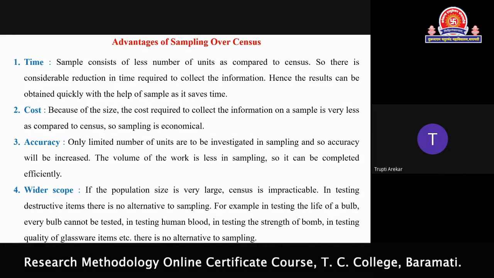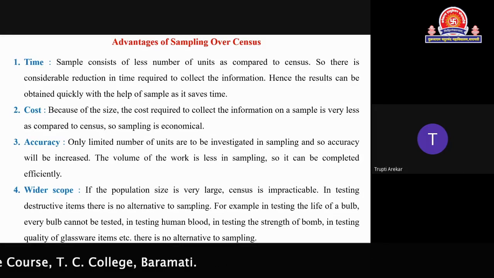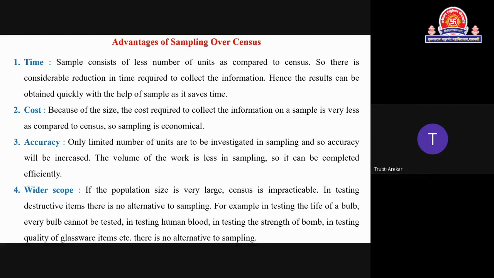Next, coming towards greater scope, if the population size is very large, census is impracticable. In testing destructive items, there is no alternative to sampling. For example, in testing the life of a bulb, every bulb cannot be tested.